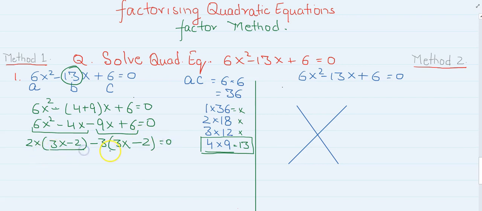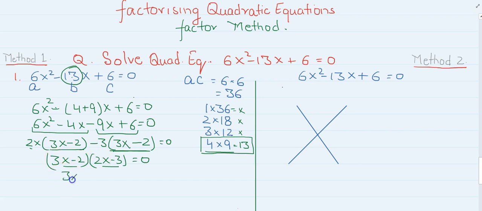Now 3x minus 2 we have taken as common. So the remaining will be 2x minus 3. That will be 0. Now either this is 0 or this is 0. That's because the product of two terms is 0 if one of them is 0. Let's assume the first one is 0.